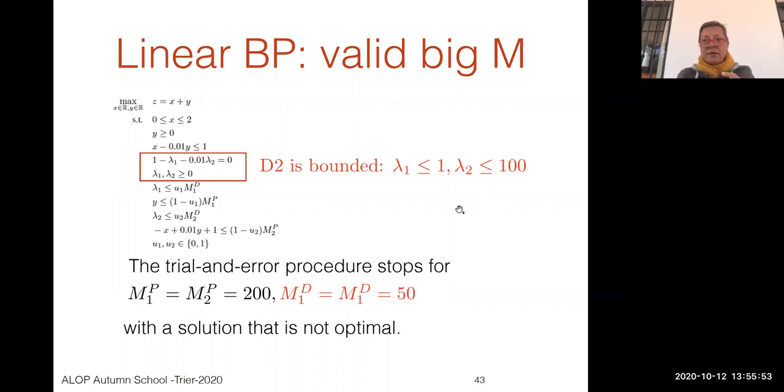But in fact, you have values for the big M that are not valid because you are much too constrained. So this is one first thing. This procedure is not good first. But in addition to that, here we are lucky because you have a dual that is bounded.